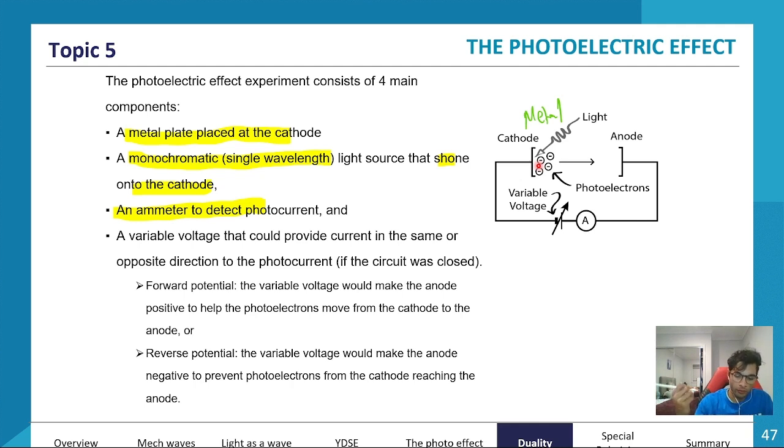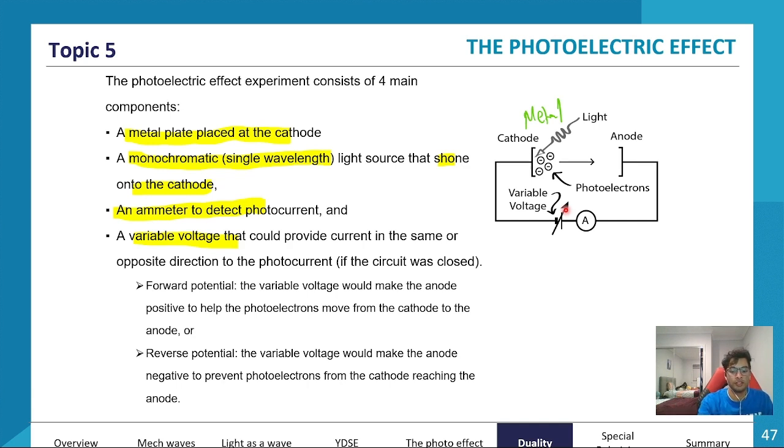And then we have this thing called a variable voltage, which is this little thing over here. It's like a battery, a power source, and you can change the amount of voltage that this power source is producing. And there are these things called forward potential and reverse potential.